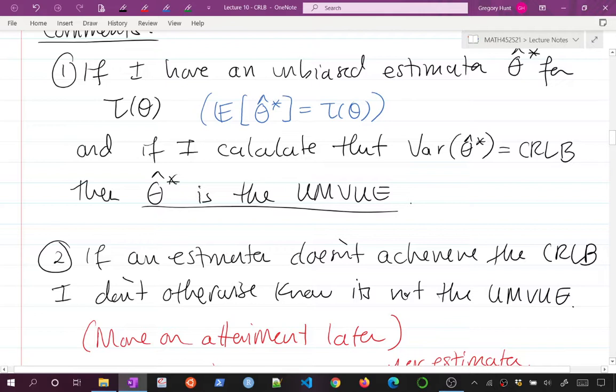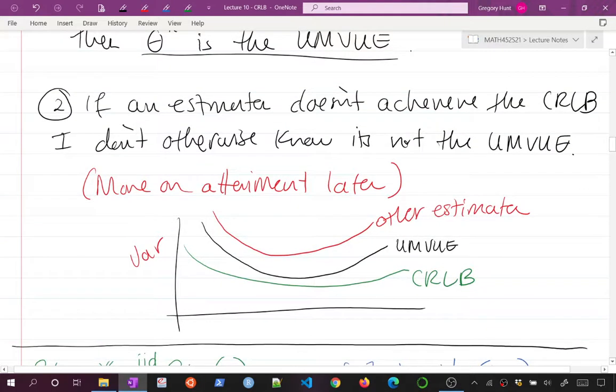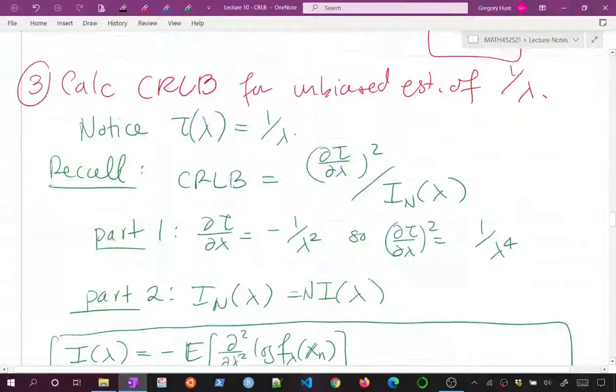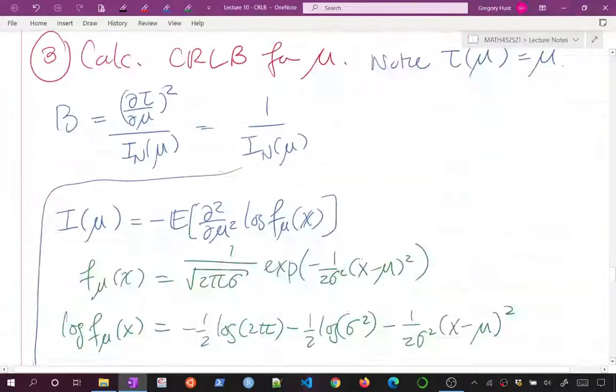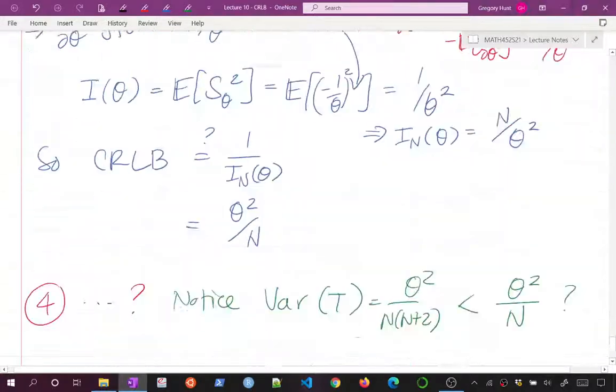And the third thing is this point 2 here, which says: what if I find an estimator that doesn't achieve the Cramer-Rao bound? It's a little higher. Do I know if it is UMVUE or not? We'll talk about that next time. And then we'll talk about, okay, what about non-exponential families? Basically, for non-exponential families, how do we determine what the best estimator is?